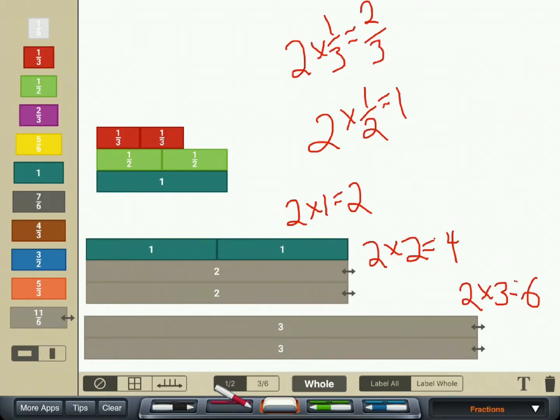Now if I wanted to, I can go even further and start multiplying sixths, right? So I can write 2 times 1/6, and if students drag down 2/6 and put them together, they see that those 2/6 actually equal 1/3.